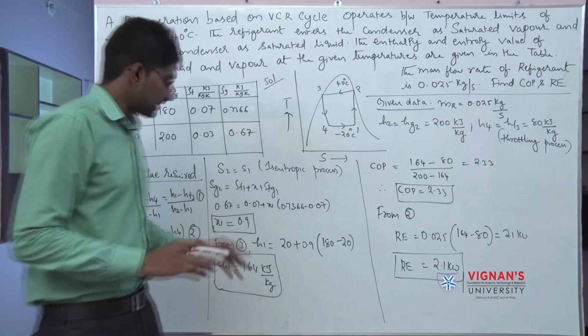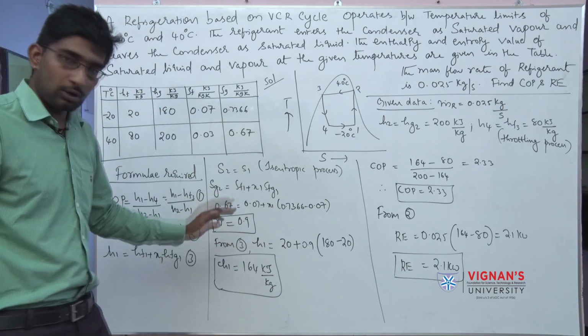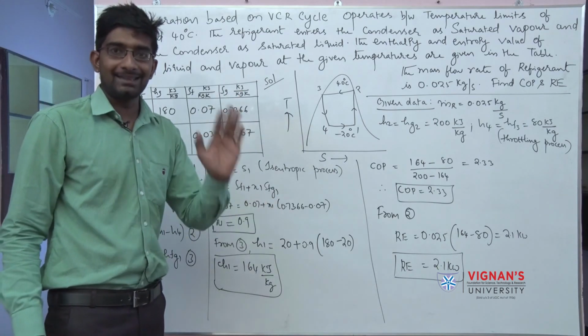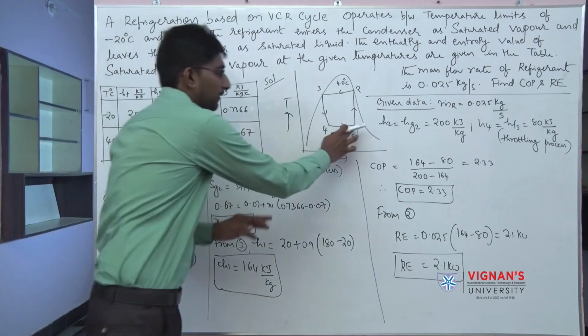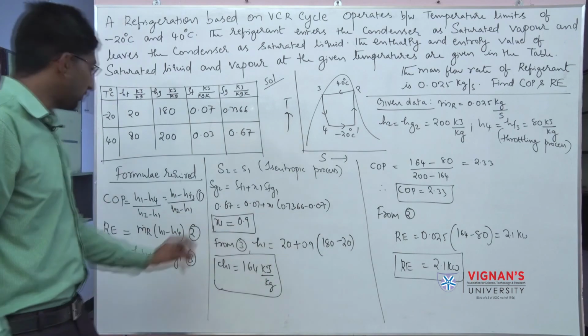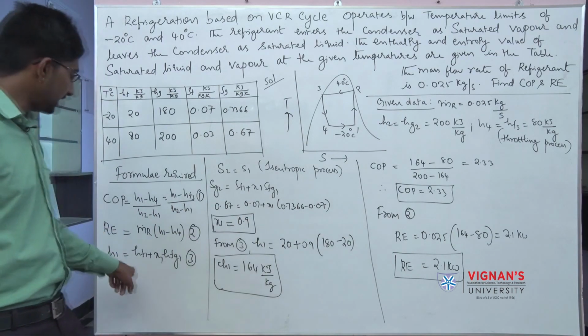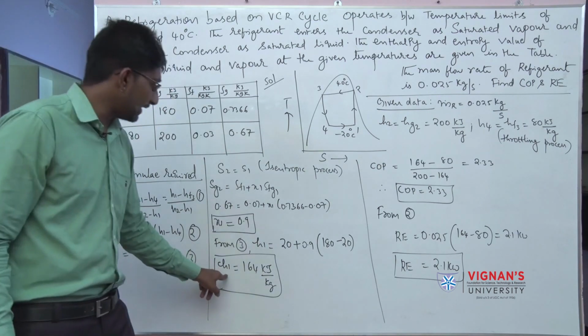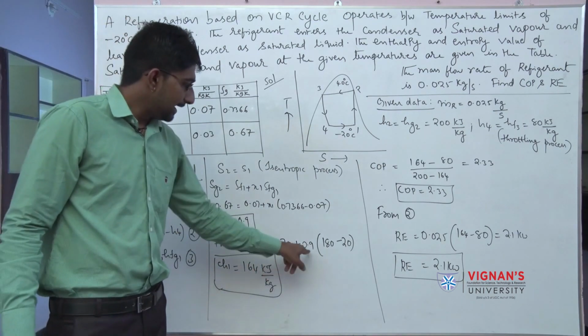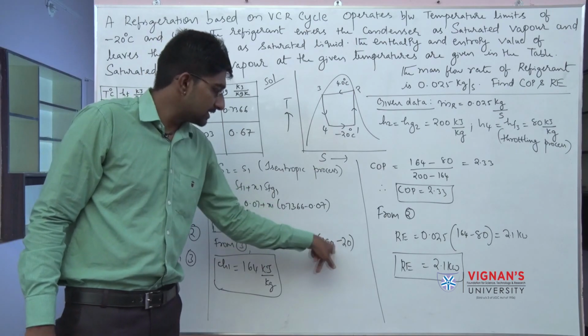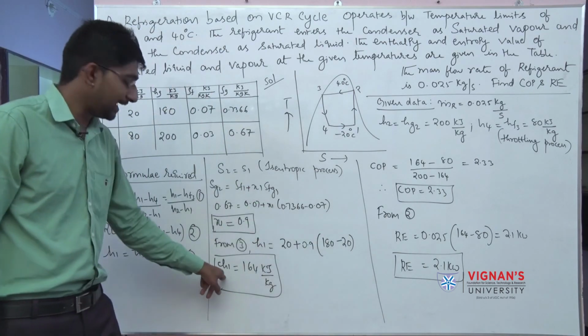So now that we have calculated x1, we are going to calculate h1. h1 is the enthalpy associated with point 1. So I'm just directly going to plug in the value of x1 in this formula, from equation 3, what you see here. So h1 directly substituting hf1, x1, hfg, that is hg minus hf. Therefore, you get h1.